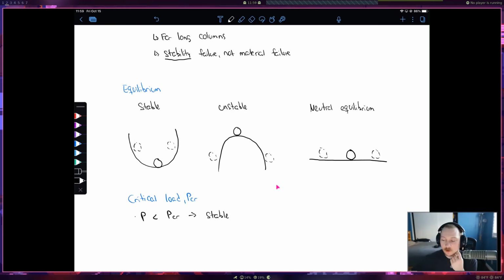Okay, so our critical load, I'm going to call that P_cr. So P, the load, cr, critical. Okay, critical load. So if our load P is less than the critical load, then we're in a stable system. So we can recover all of that deformation if we have any.